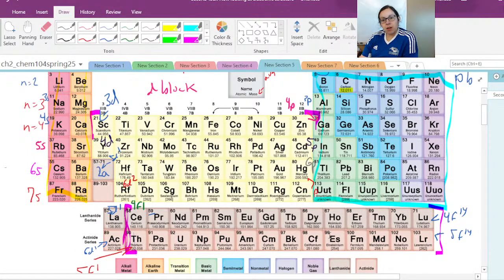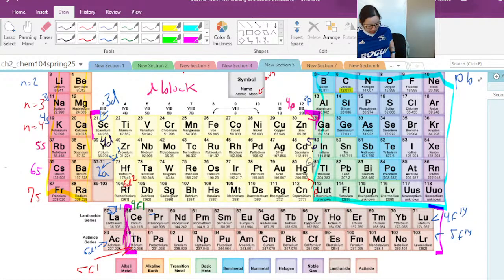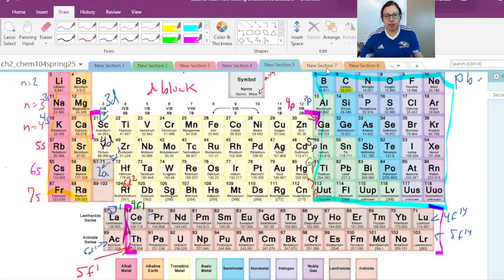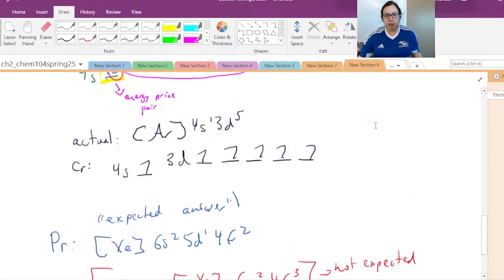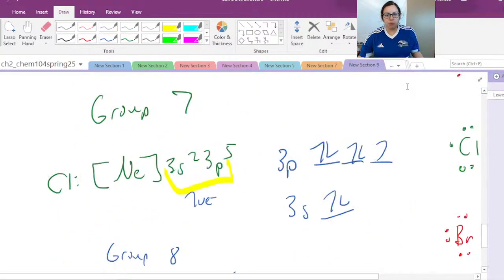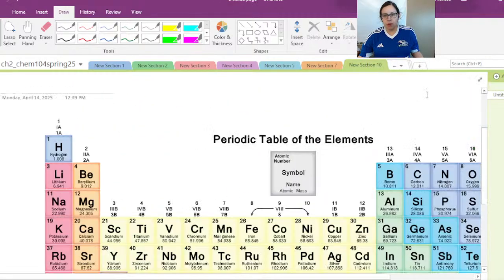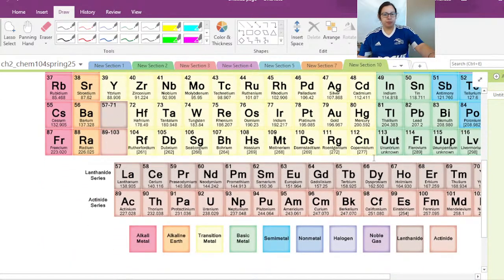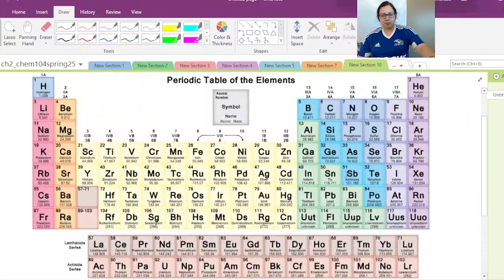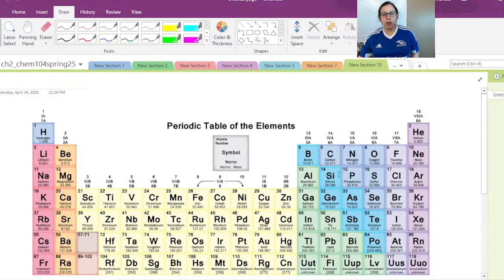Okay, questions about electron configuration? And then we just want to finish up the last bit of chapter 2, which is periodic trends. So we'll just kind of recap. Some of it is recapping what we just went over, essentially. And we have our periodic trends.